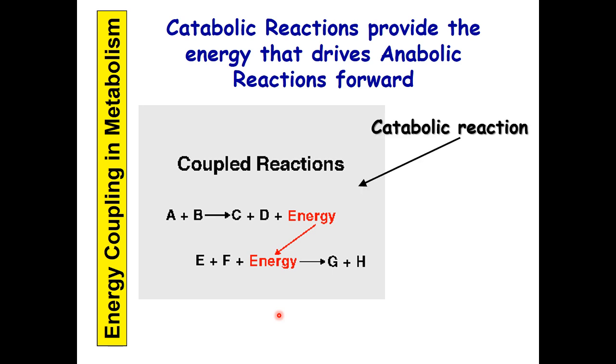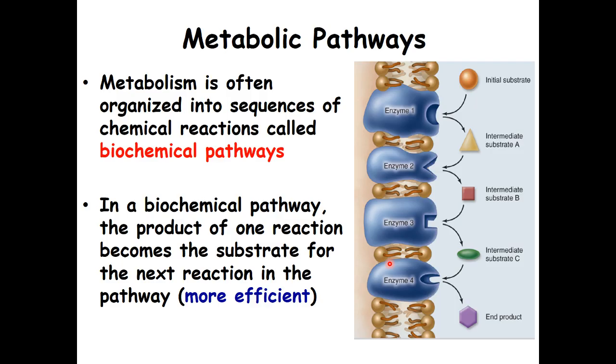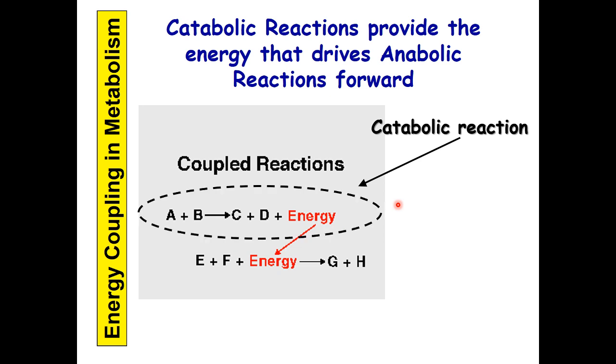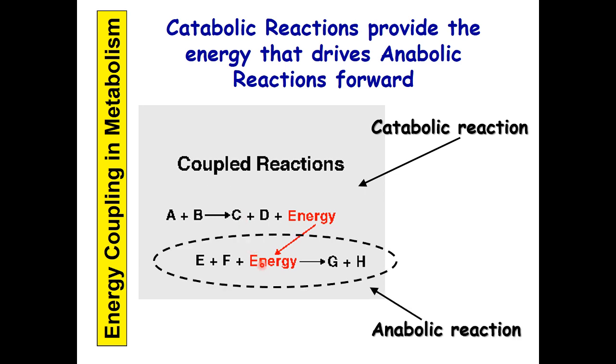The energy that is released by the catabolic reaction, remember, when they break chemical bonds they release energy, is always used by anabolic reaction to build stuff. So the energy that is released from catabolic reaction is used directly by anabolic reaction to build stuff. That's what we call energy coupling.